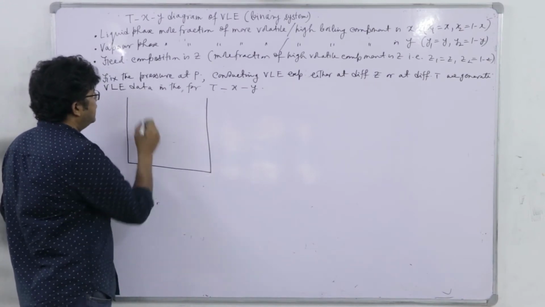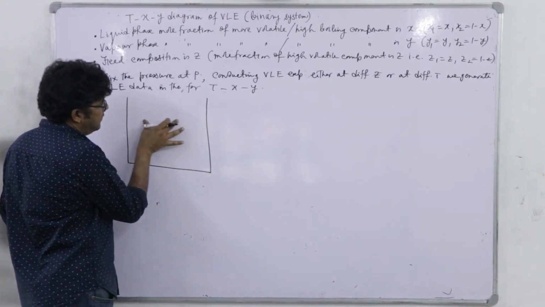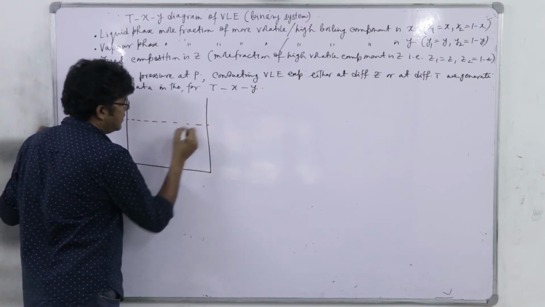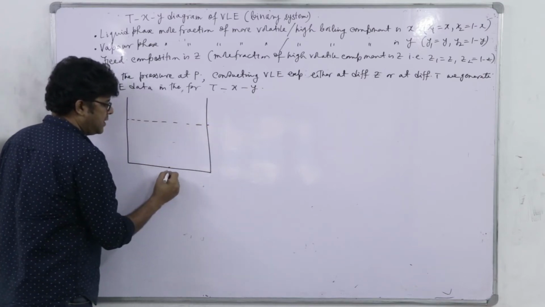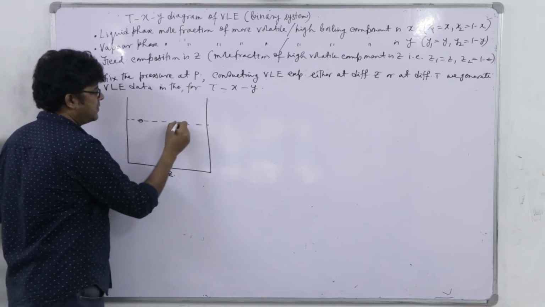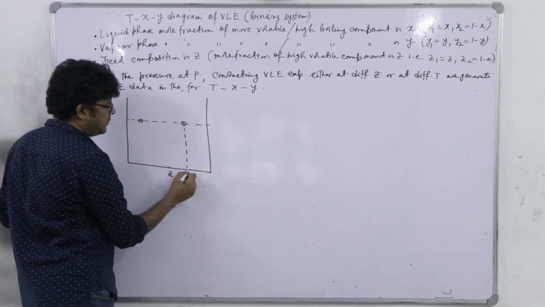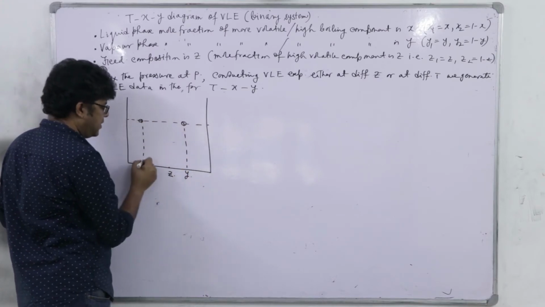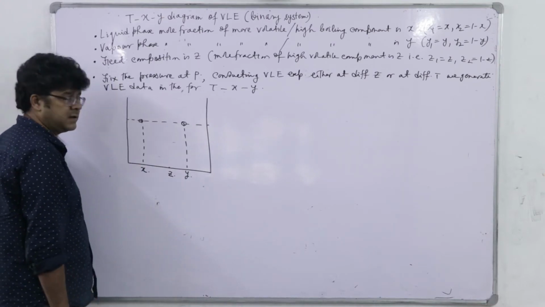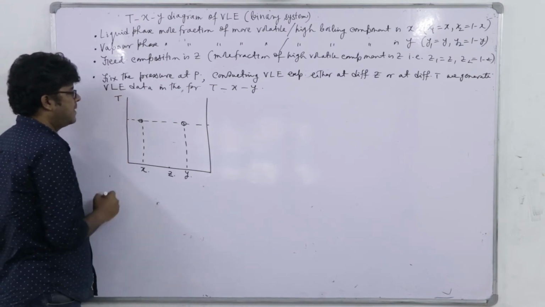So, if now we plot it, right. So we will get, say, if I have conducted a specific Z, this may be the liquid phase composition, this may be the vapor phase composition. The vapor phase will be rich in the more volatile component, while the liquid phase will be rich in the less volatile component, and this is T, right?